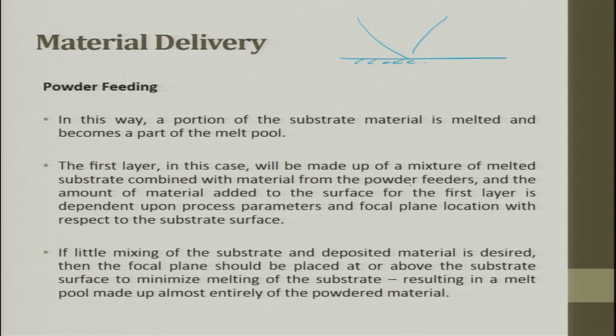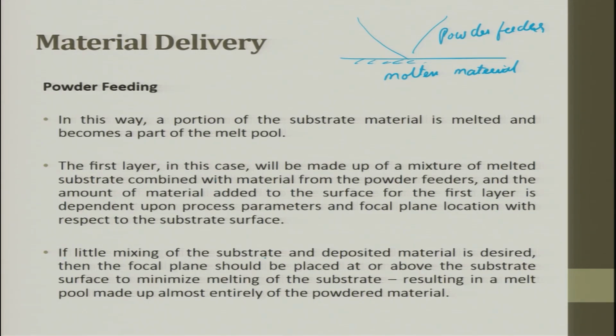This is the powder feeder, this is molten material, and the amount of material added to the surface for the first layer is dependent upon process parameters and focal plane location with respect to the substrate surface.